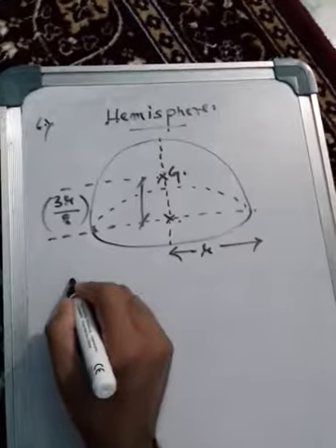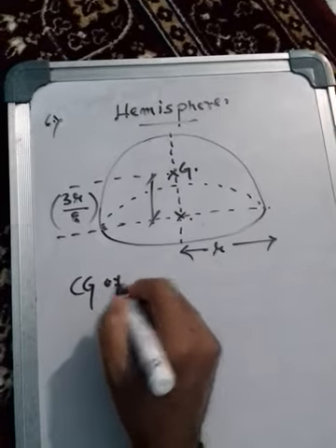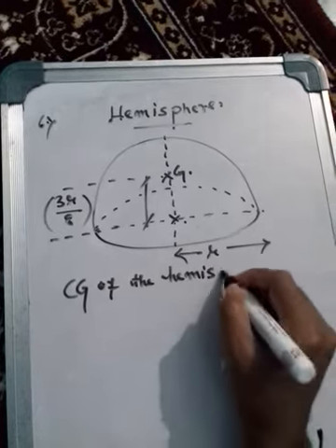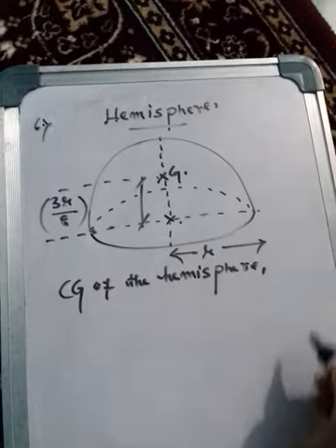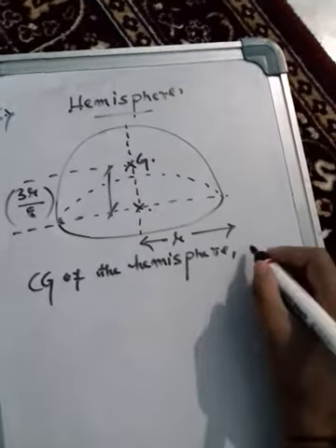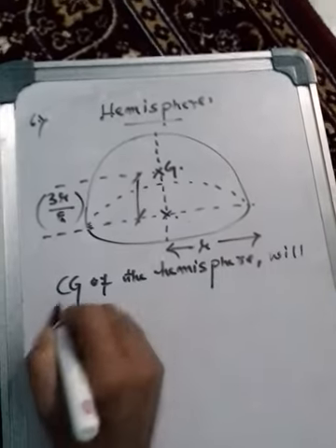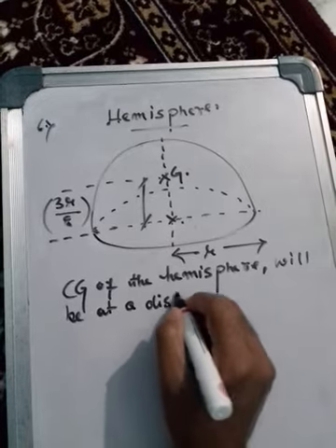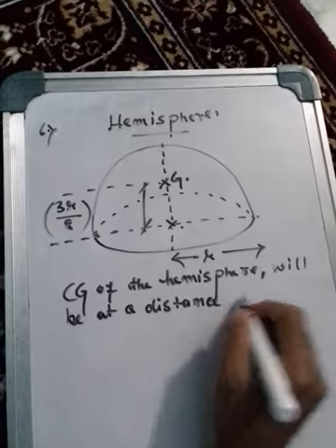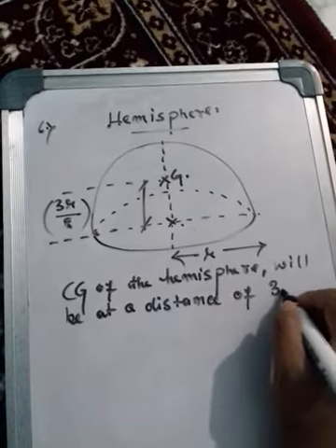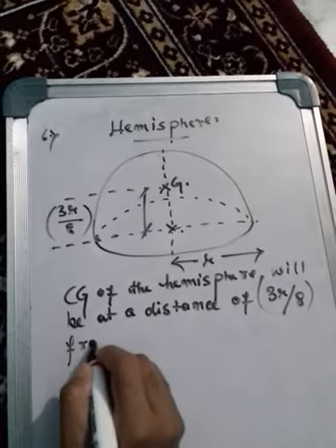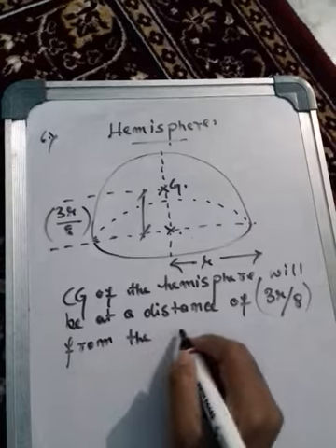So write down one line: CG of the hemisphere will be at a distance of 3r by 8 from the axis.